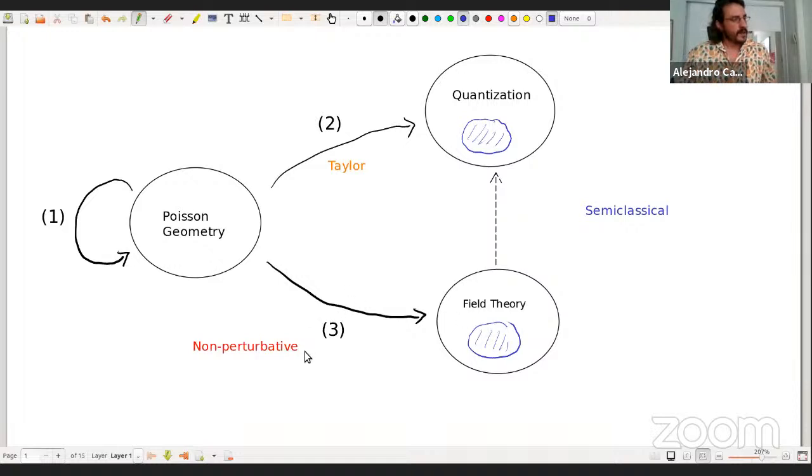Another thing is this non-perturbative aspect, meaning that the results here and here will not involve formal power series, but actual ordinary functions. It's only when we do a Taylor expansion that we will recover some formal objects.